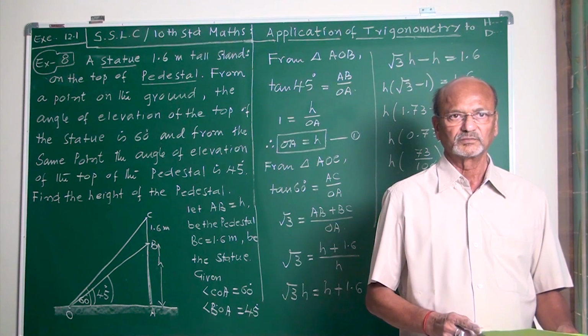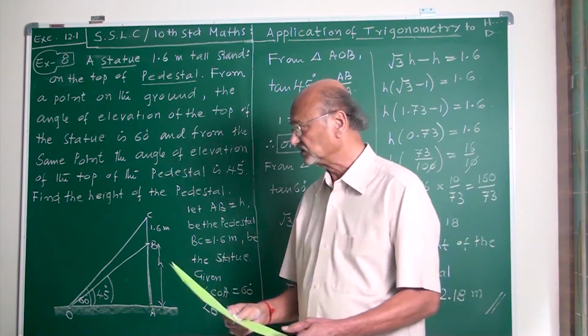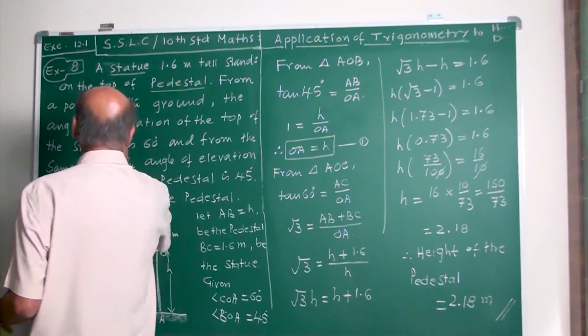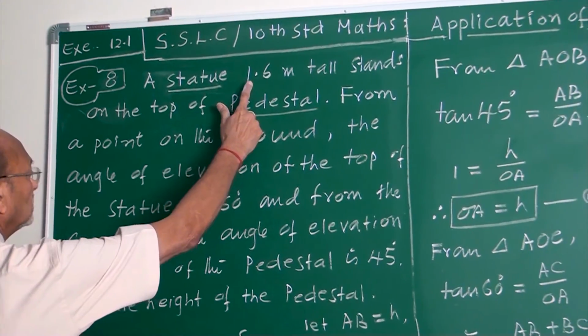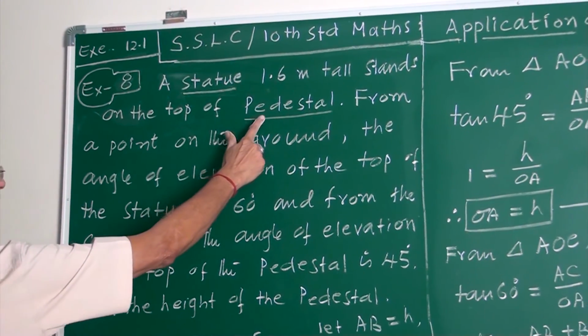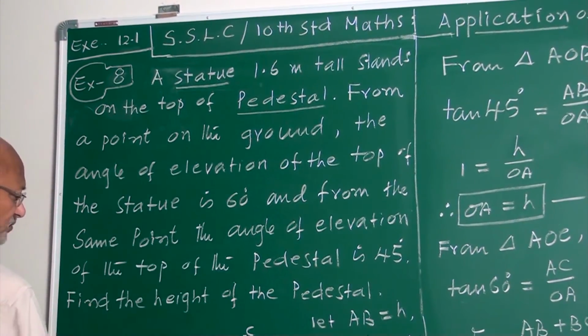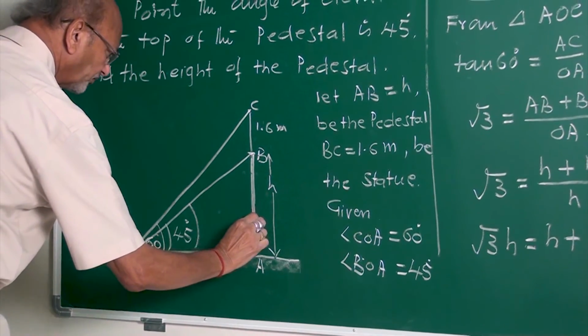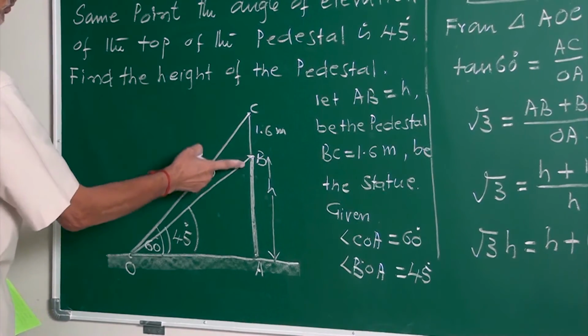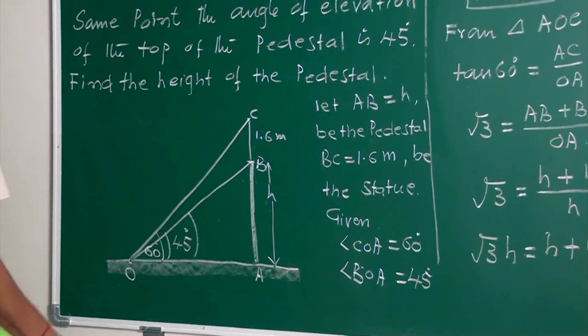Yes, friends. A statue 1.6 meter tall stands on the top of a pedestal. This is, my friends, the pedestal. Where is your statue? On the top of the pedestal.